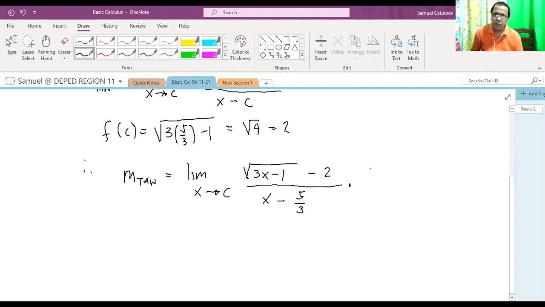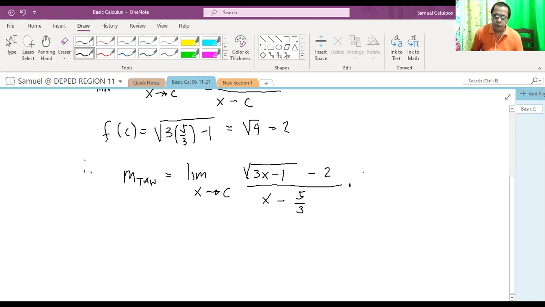Okay, so kabalo ta nga pag-rationalize, we multiply this by the opposite sign sa iyahang operation, and then multiply this by the division, kanang equal lang gyapon siya sa 1.